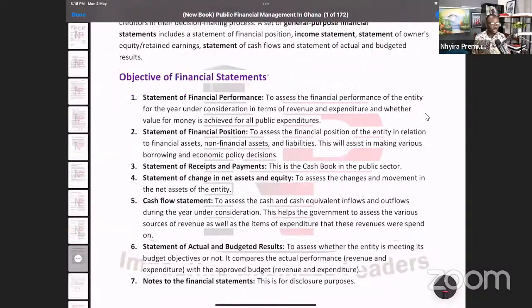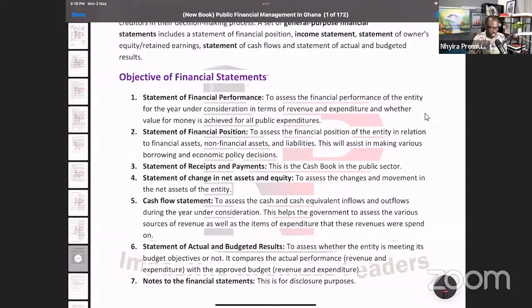So in the public sector, what are the set of financial statements that government is supposed to prepare? We've said that government must show its accountability through the preparation of financial statements.